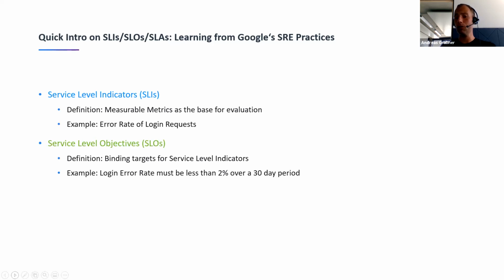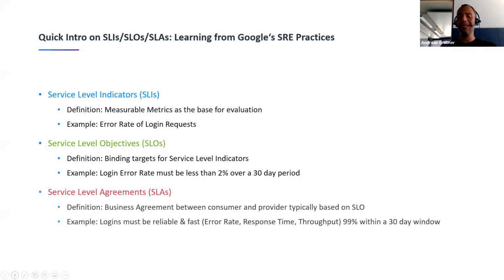Otherwise, you may have issues with not many people being able to log in. Now, an SLA, and this is a term that more people are probably familiar with, is very similar to an SLO, but it's basically where you have an SLO with a business agreement or a contract with your customer or a third party, where you are legally bound or where your business depends on delivering a certain level of quality.